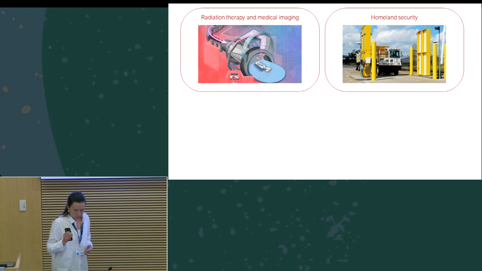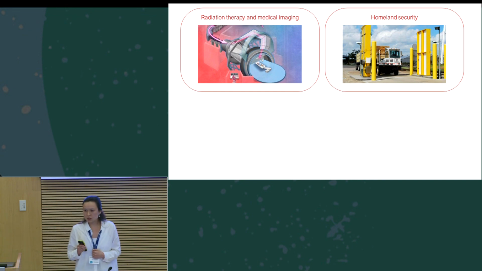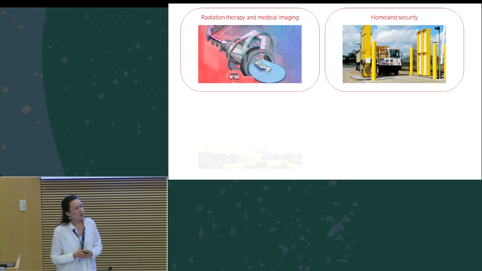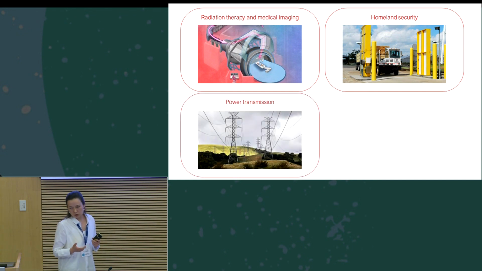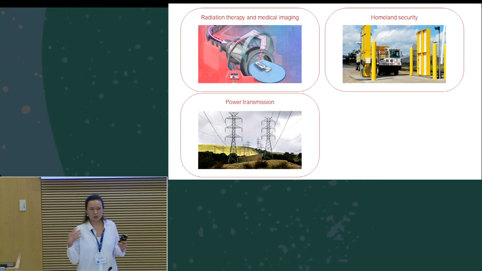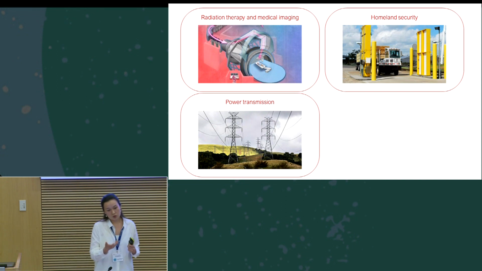The second application is homeland security. Large-scale detectors can be used to examine big objects like trucks, containers, and ships at the borders. Another application is power transmission. In accelerators, we use magnets to accelerate the particles, and the superconducting materials that we use can be used for power transmission, which will make it faster and more efficient.